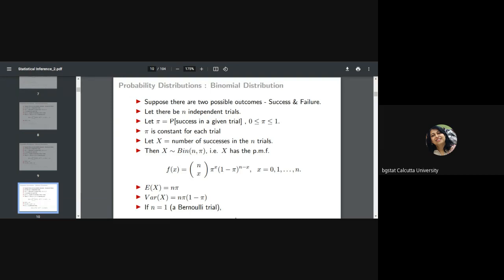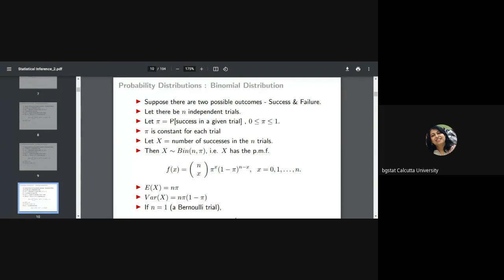Similarly, for the binomial distribution, we will say x tilde binomial(n, pi). It means that x follows a binomial distribution where the total number of trials is n and the probability of success in any trial is pi.